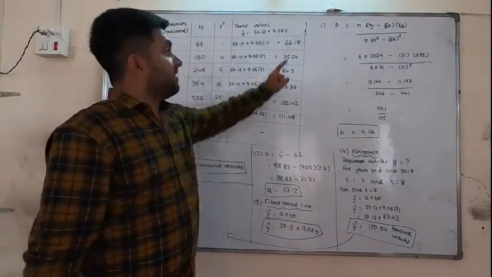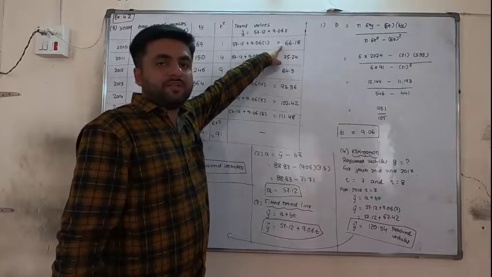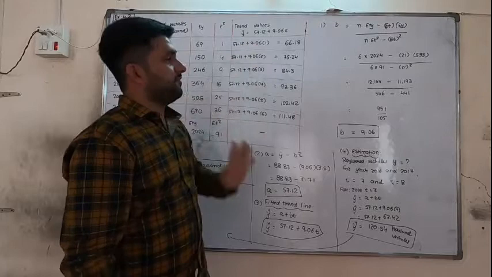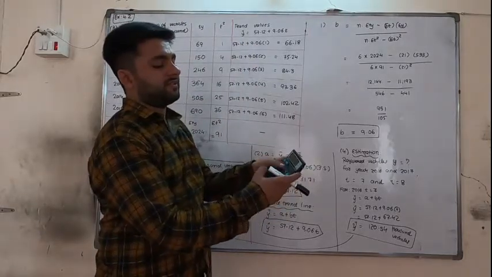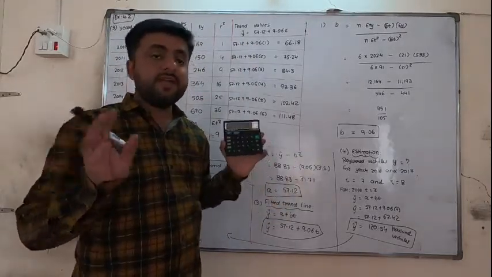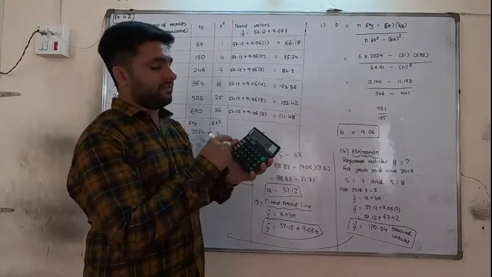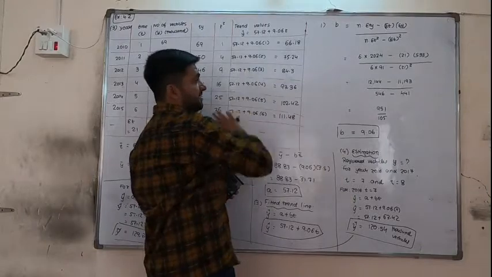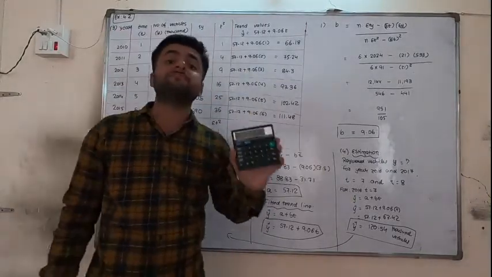So in short, in the exam, to do it fast, you only find the first value. 9.06 into 1 plus 57.12, you will get 66.18 in the calculator. All this will take time, once you multiply every time. So I am teaching one simple trick.